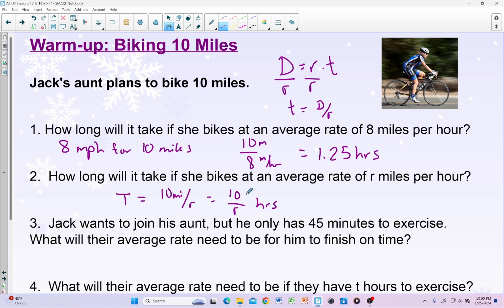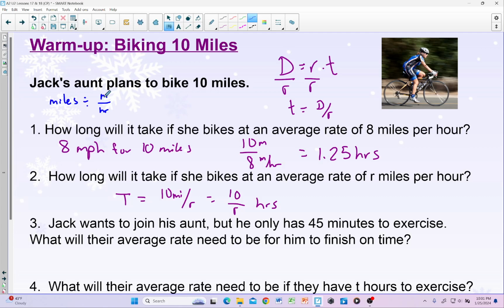Now, you may be wondering why that turns into hours. Well, as a side note, this is why it turns into hours. If you take miles and you divide it by miles per hour, okay? Do you remember the rule for dividing a fraction?